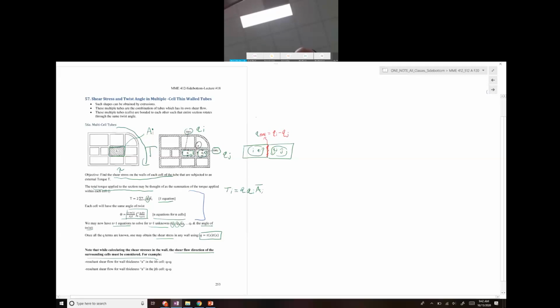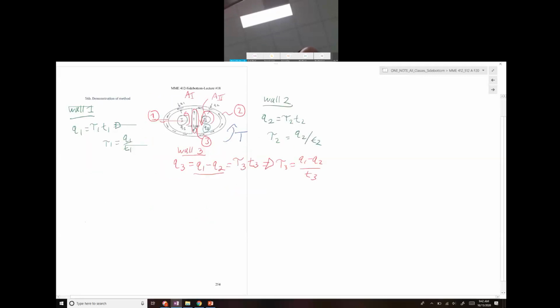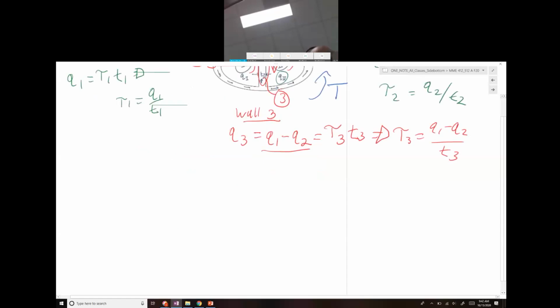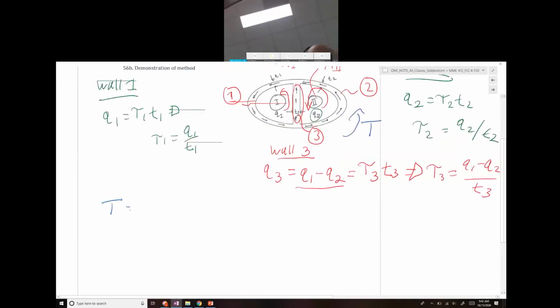So we're going to define those for this situation here. Our overall torque T is going to be equal to 2 times the sum of our area times Q_i. We have two cells here, so it's just going to be equal to 2 times A1 times Q1 plus A2 times Q2.